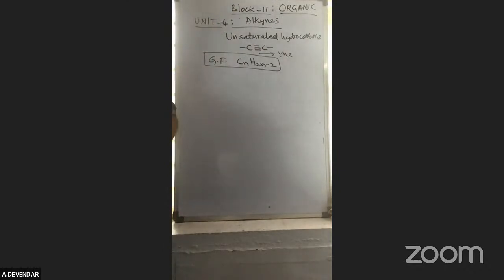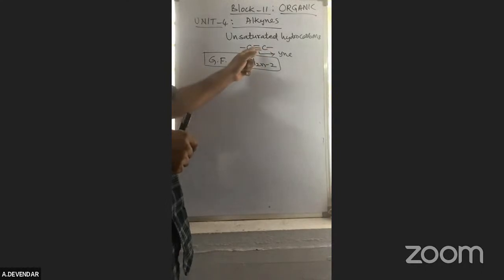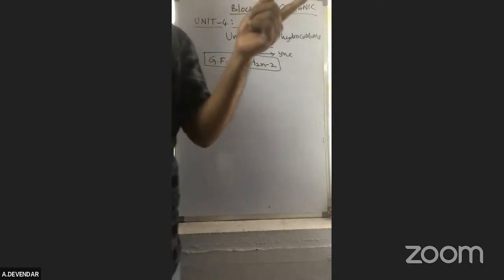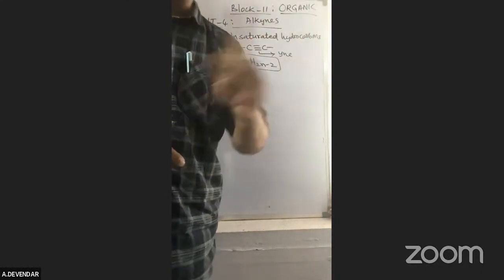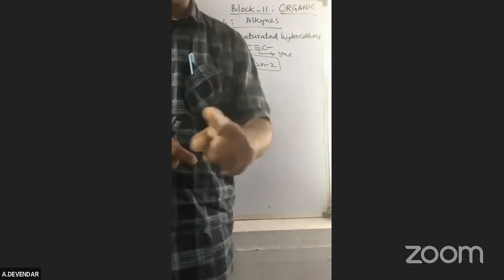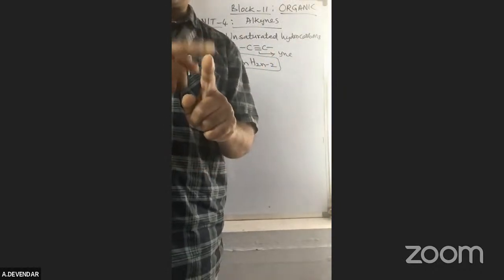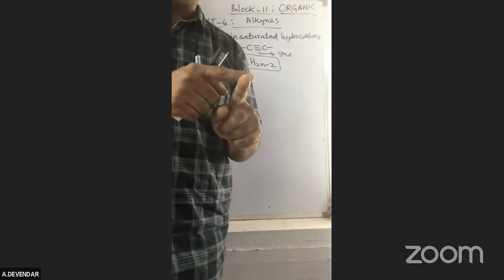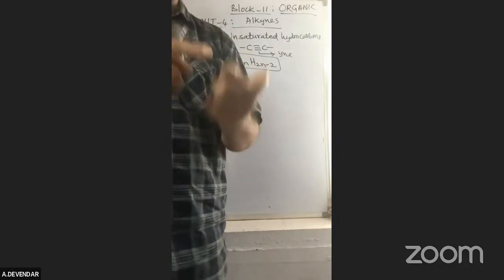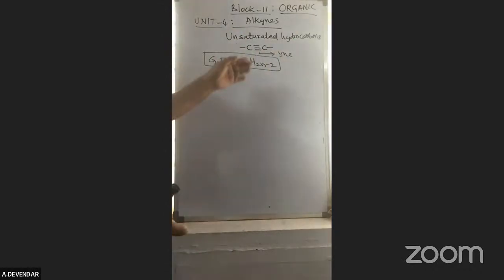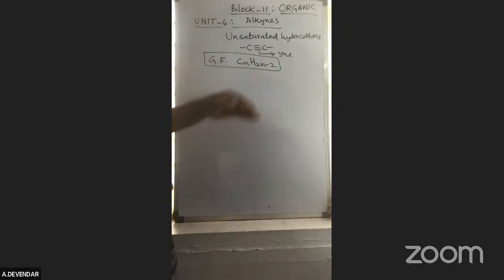Alkynes can undergo only functional isomerism, not positional isomerism. Why? Because it consists of a triple bond. But in alkenes, the position can change: 1-butene and 2-butene. In 1-butene the double bond moves from the first position to the second position. That is called positional isomerism. Functional means the functional group itself is changing. So alkynes can undergo functional isomerism.